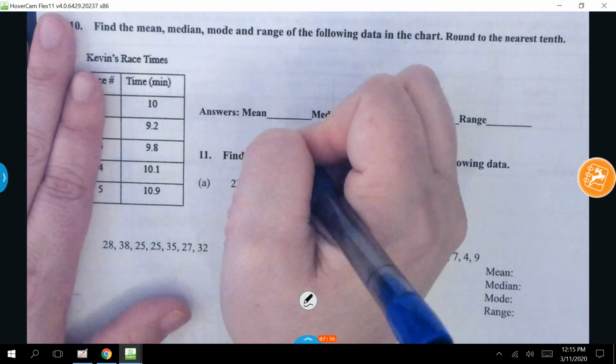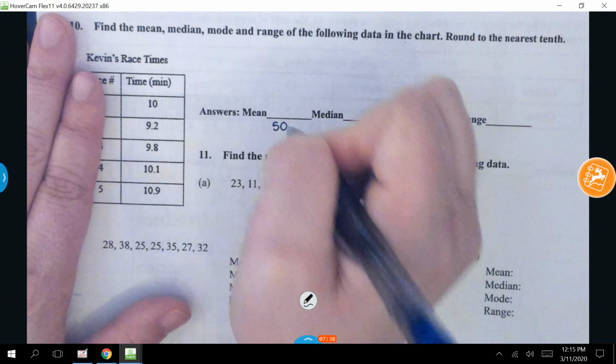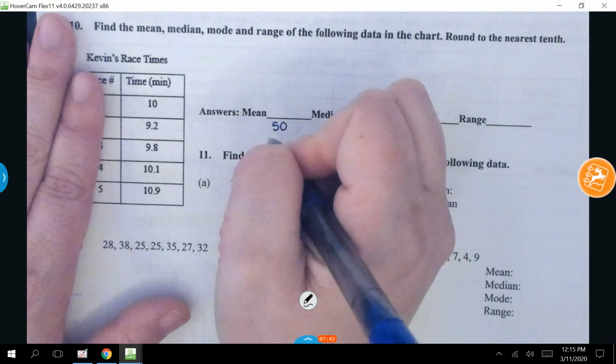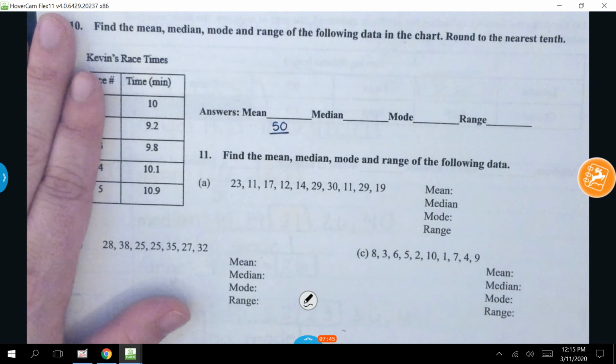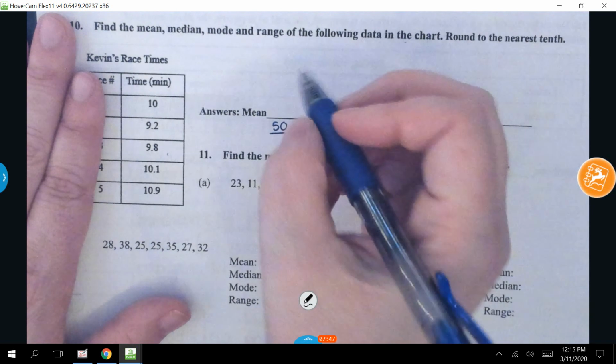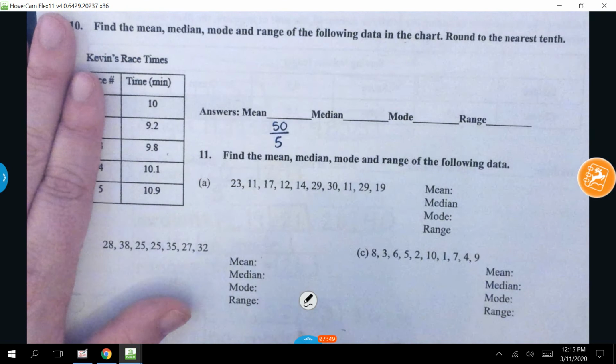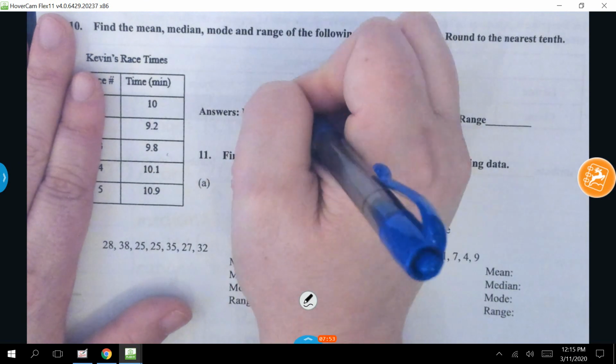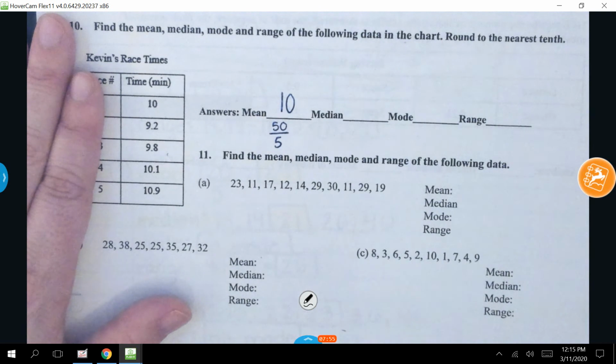Gabriella? 50. And after I add them, what do we need to do? Divide. What am I dividing by, Julia? 5. There's 5 numbers, so I'm dividing by 5. 50 divided by 5, what do I get the mean is? Peyton? 10. So my mean is 10.